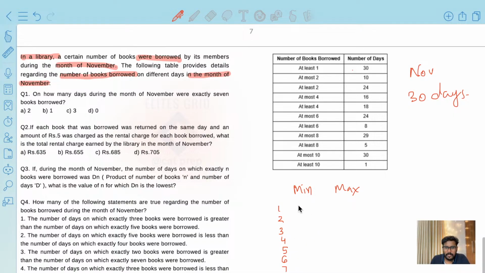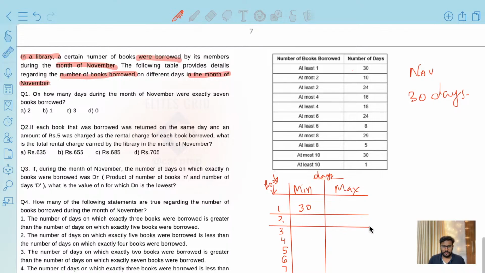At least, minimum 30 days, right? What is this? These are books. One book, a minimum of 30 days. These are days.